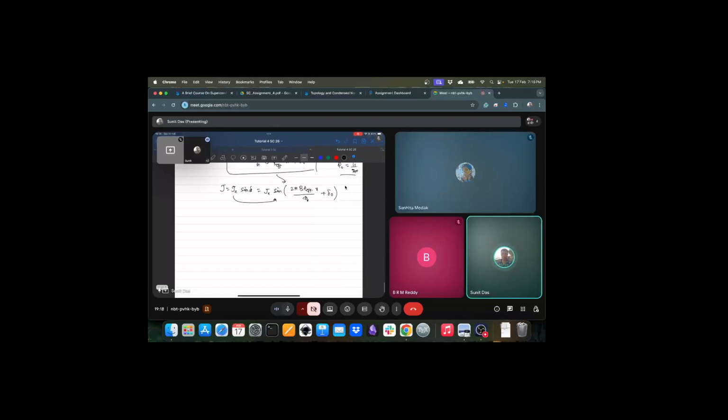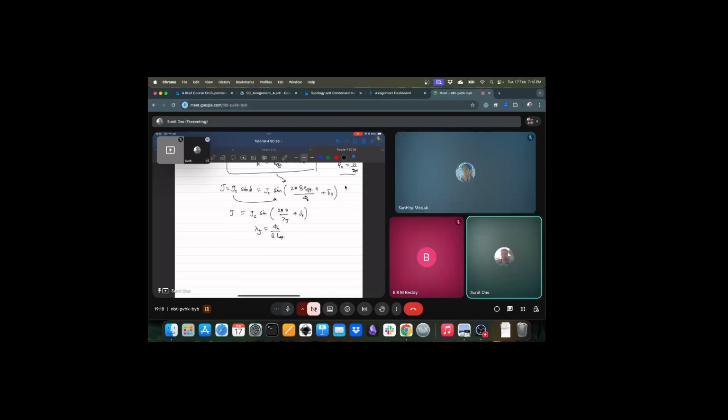Okay. So this can be rewritten, just a reorientation, as sine of 2 pi x by lambda j plus delta 0, where lambda j is defined as phi 0 by B into T effective.